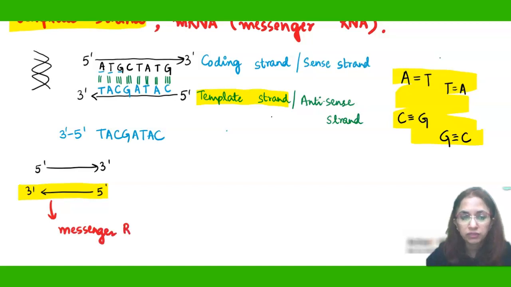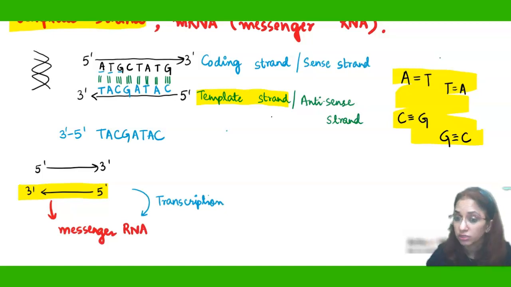In the very first video, we have discussed the central dogma. If you haven't watched that video on DNA structure and function, do watch it. The formation of messenger RNA from the DNA is known as transcription. And we know that the template strand would be utilized for this purpose. Now this RNA is single stranded.